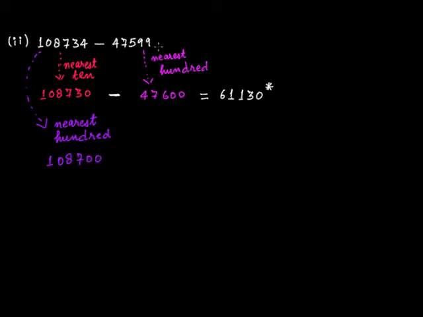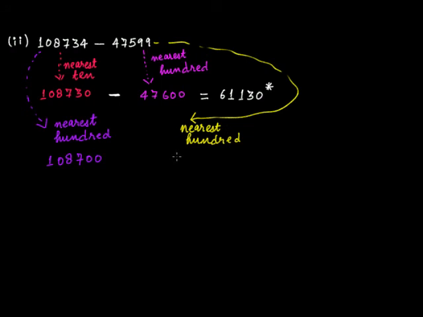And if you round off 47,599 to its nearest 100 only, this is the second possible way that we are discussing to find an estimation.